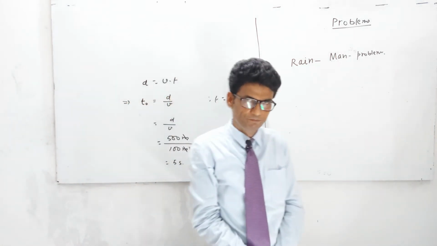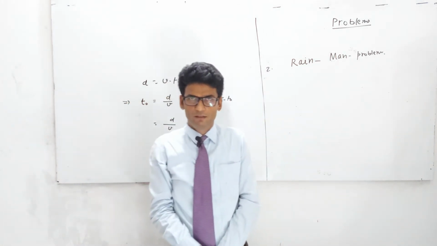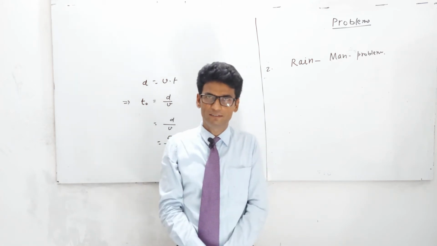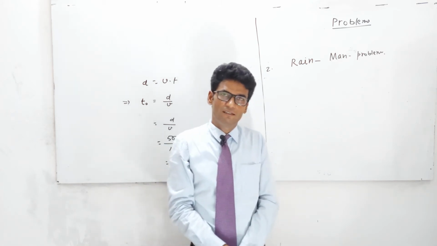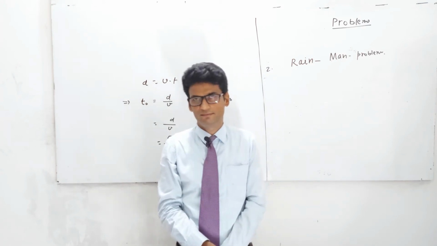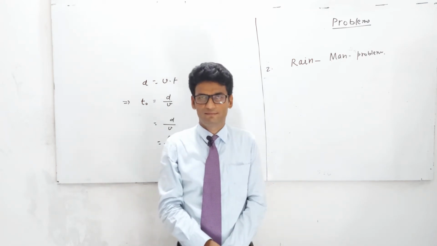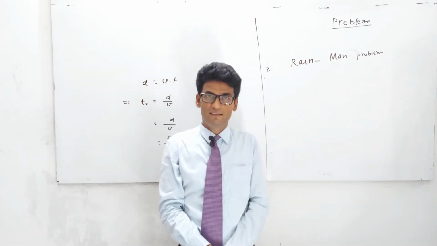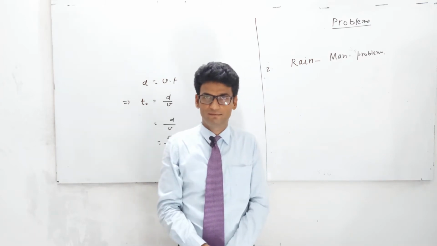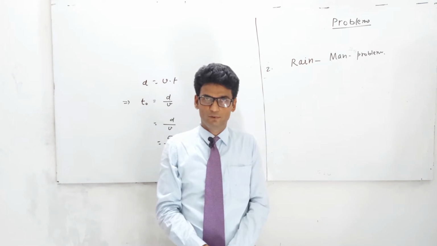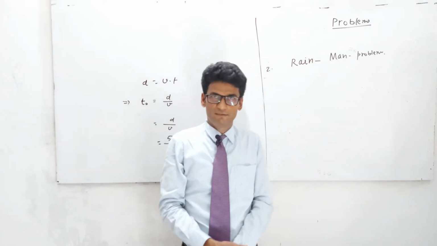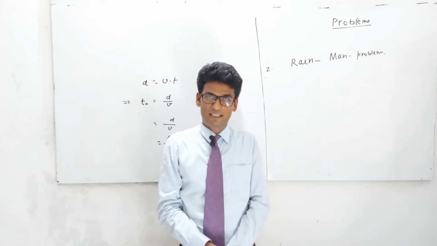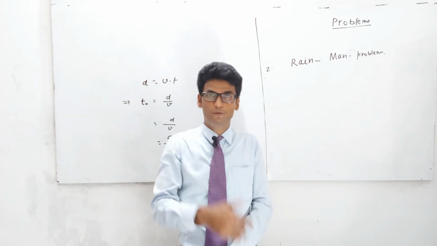The problem is that a man is outside and there is rain, and that particular man is standing. He is not moving with respect to the ground, and he has an umbrella too.